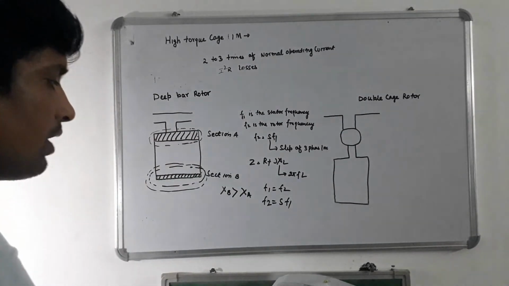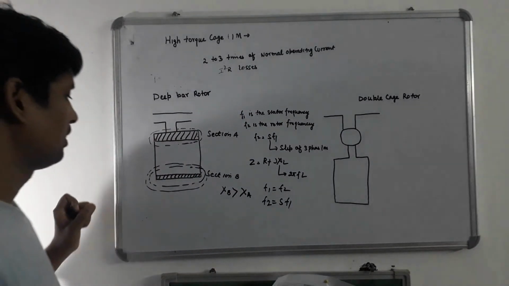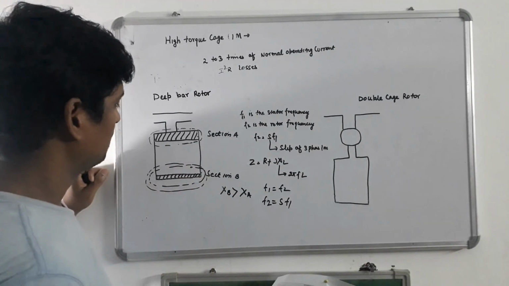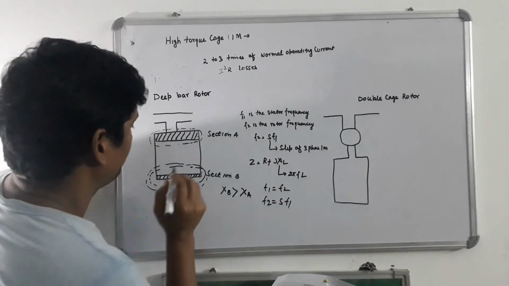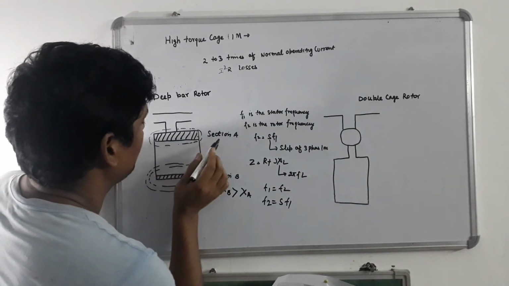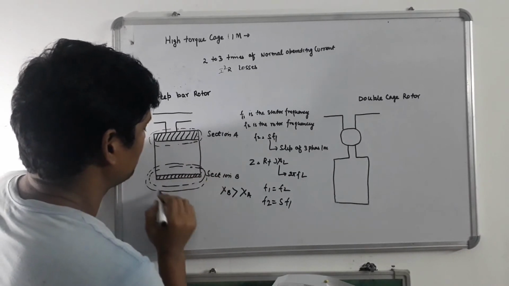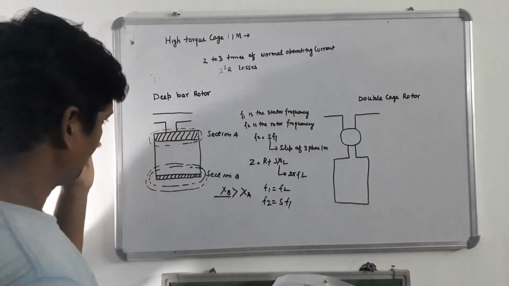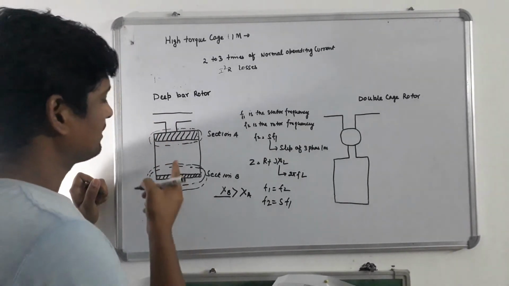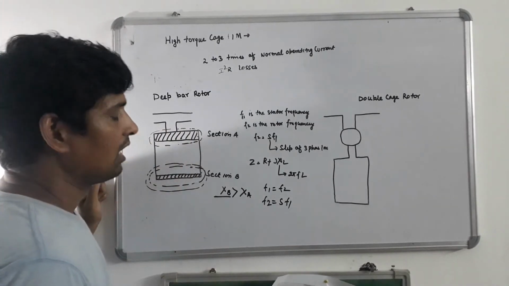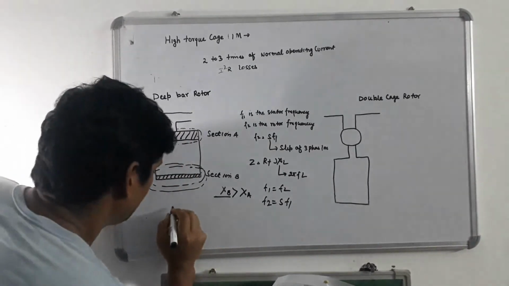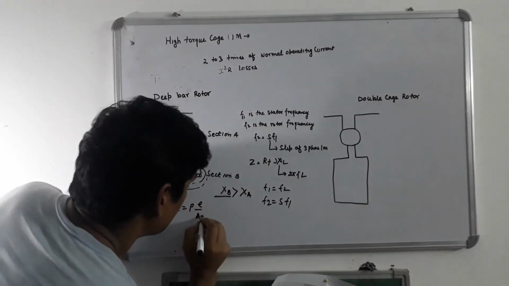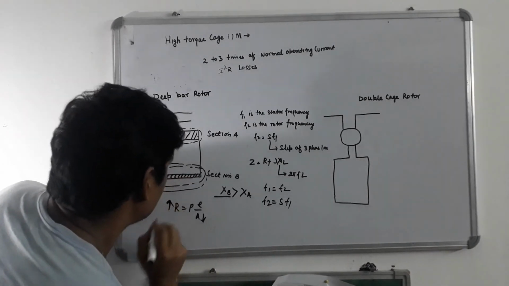During starting of the motor, maximum current will flow through section A and minimum current through section B, due to the higher value of XB, and then the cross section area of the net rotor is reduced. If the cross section area is reduced, then since R is equal to rho L by A, R is increased.